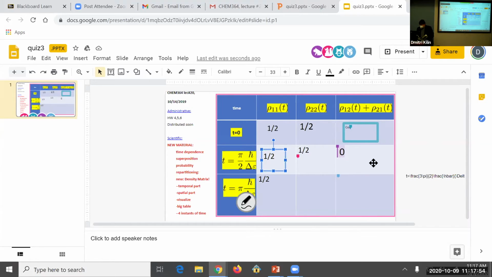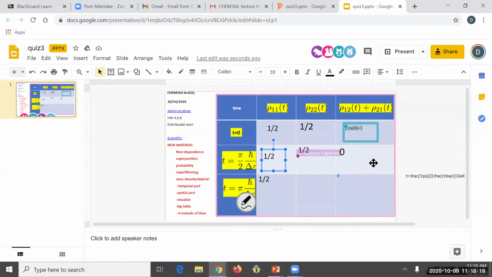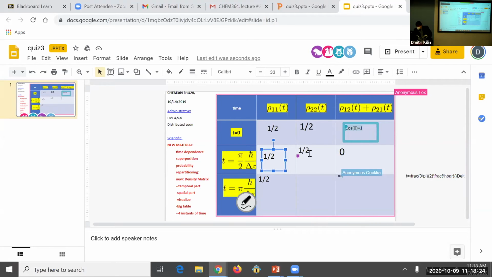You see that for row 1 and row 2 it's quite trivial. There is only one cell left, rush to make your contribution. So cosine 0 is 1, yes, okay. Which one were you? It was P22 times 0. Okay. And we have only one left, yes, someone is writing in the half period: cosine pi equals -1. Okay, yeah. Thank you very much.